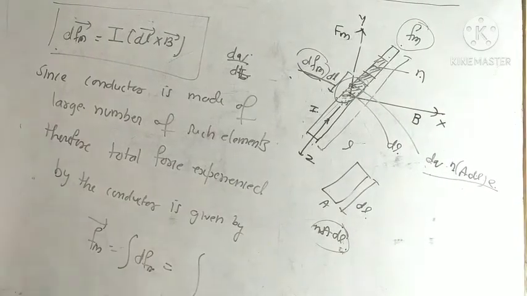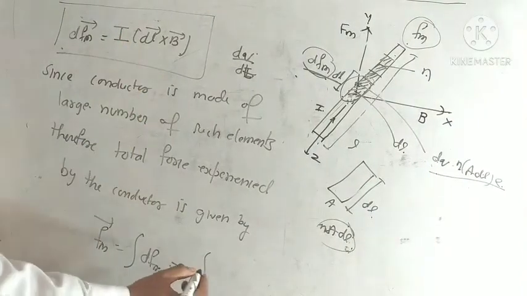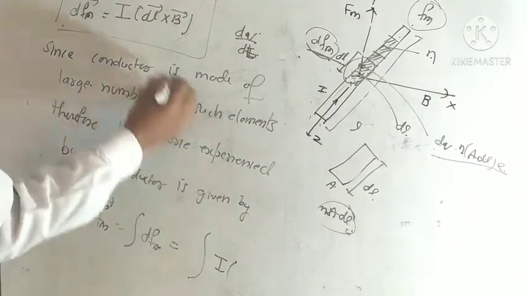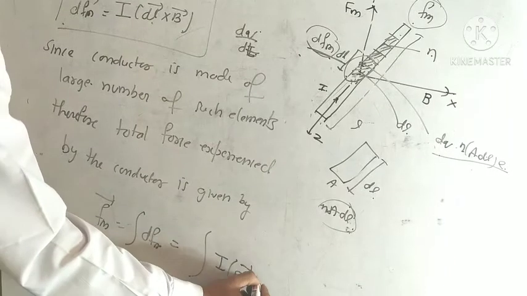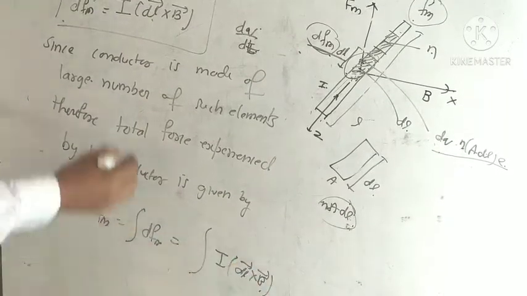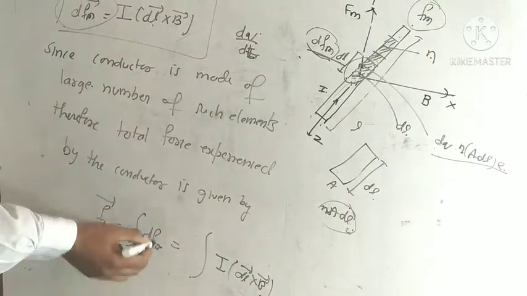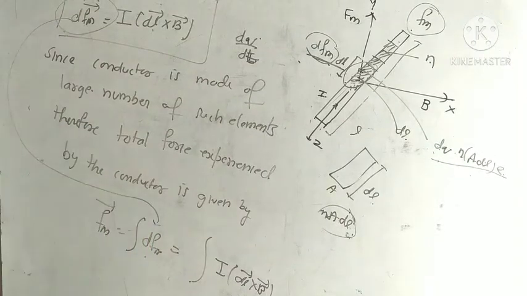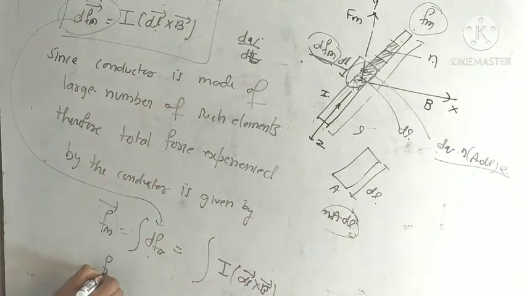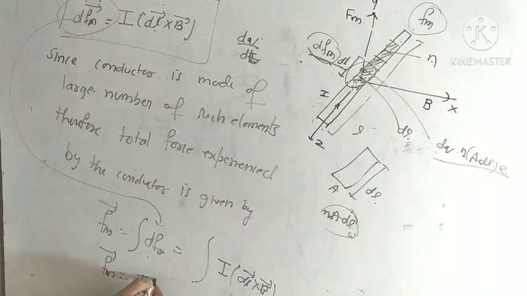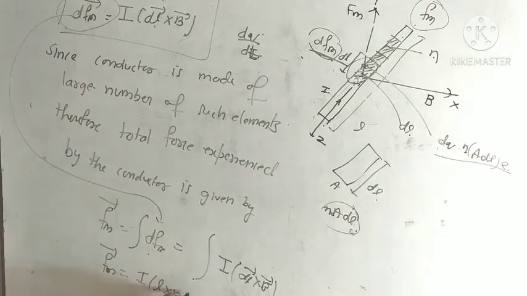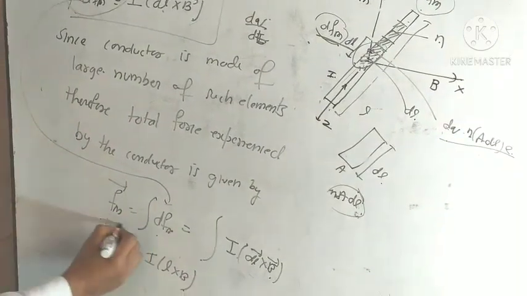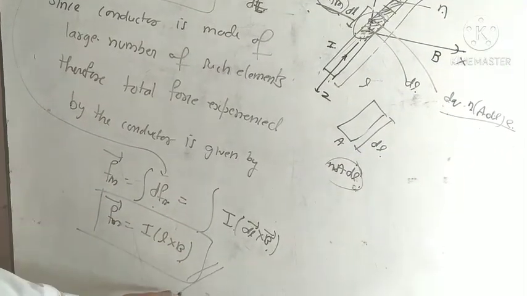We put this value here, that's equal to I dl cross B, and finally I L cross B for the total length. So this is our final value.